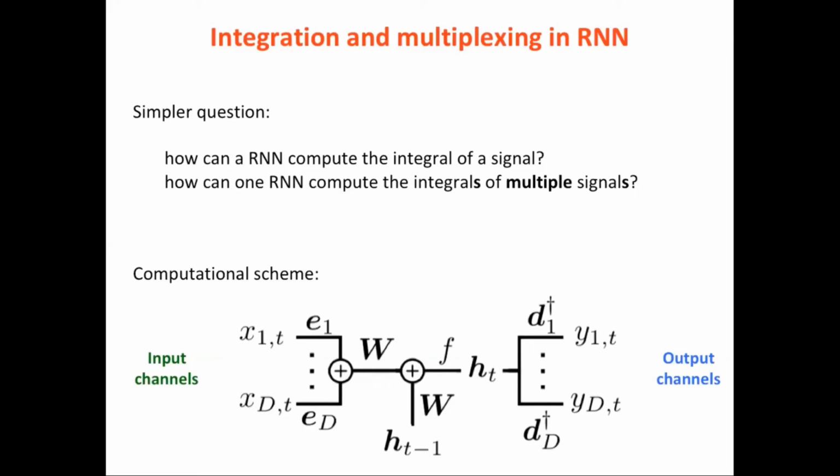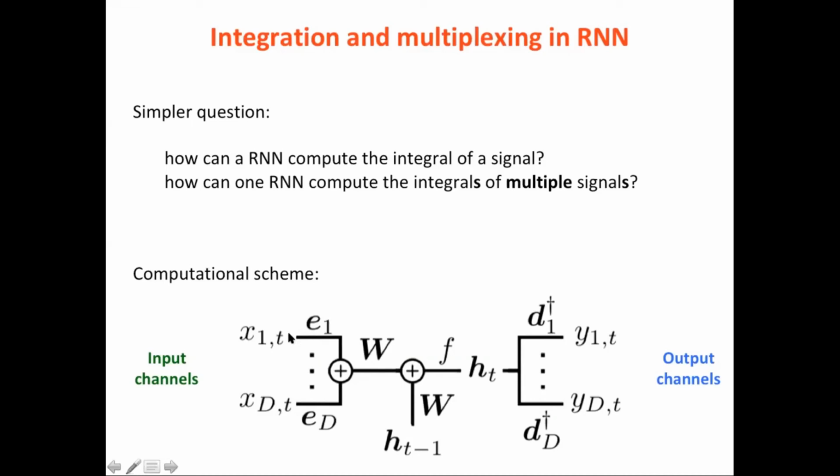So I will ask the following question: how can a neural network integrate a signal, or let's say multiple signals? Imagine you have multiple input channels, 1 up to D channels here, with some inputs which depend on time, x1(t), ..., xD(t), where t is the time.